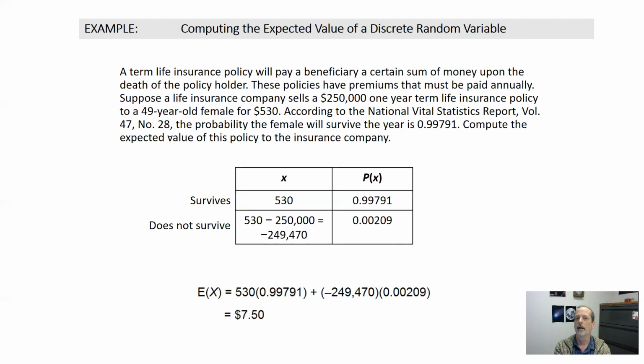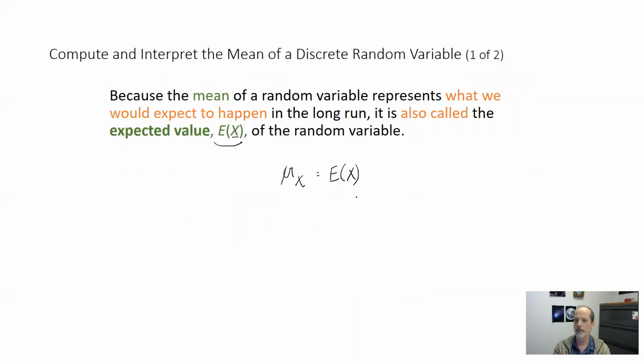Okay, so the probability that a female of this age will survive the year is very high. It's calculated to be 0.99791. So we can use our average calculation to determine the expected value of this policy to the insurance company. So if they calculate the average, they want to come up with some profit, and they also want to ensure that they're putting two things together here.